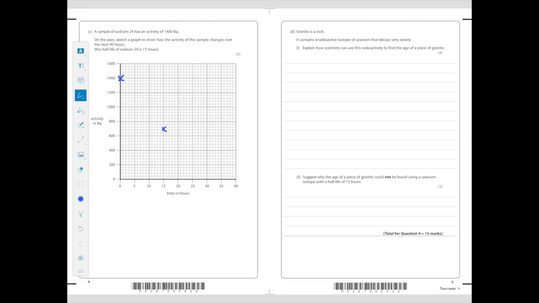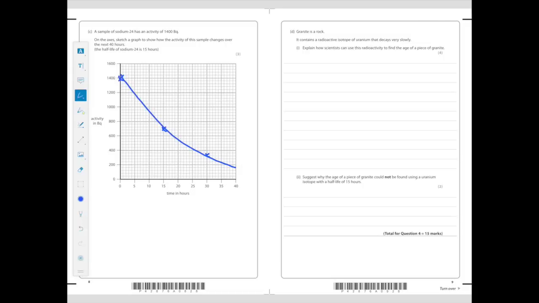When another 15 hours has taken place, so at 30 hours, that 700 will have halved again to 350, so we need a mark here. And now you can attempt to draw a curved line, which I'm appalling at. Oh, it's not too bad.